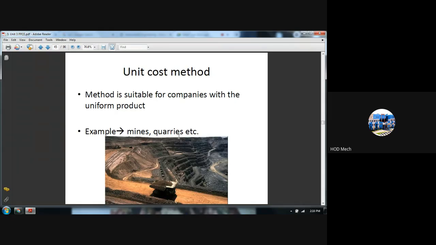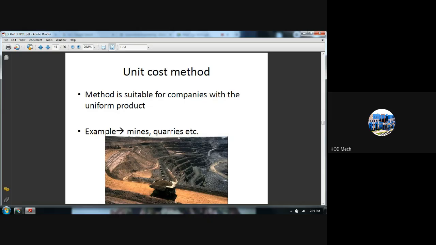Now, when you come to the unit cost method, this method is applicable for a product which is not going to change. It is going to be there without major modifications. For example, what you are seeing in this slide is an image of a mine or quarry.